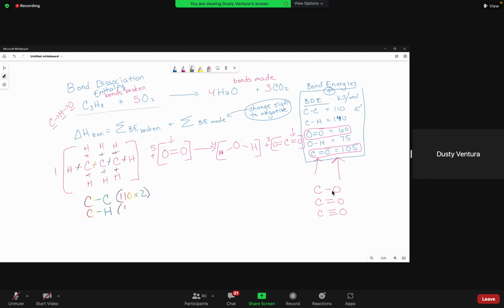Somebody check my work, make sure I'm doing this right. Looks good to me. And then I've got 1 double bonded oxygen, but 5 times. So my O=O bond is 5 times 60. Okay, all of that business are my bonds broken.